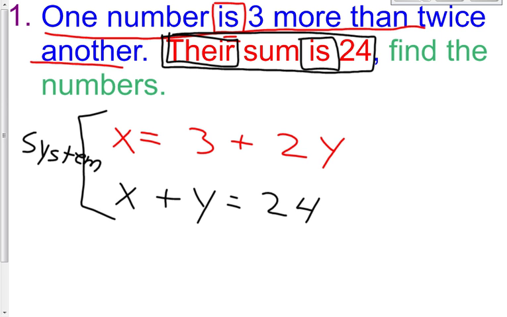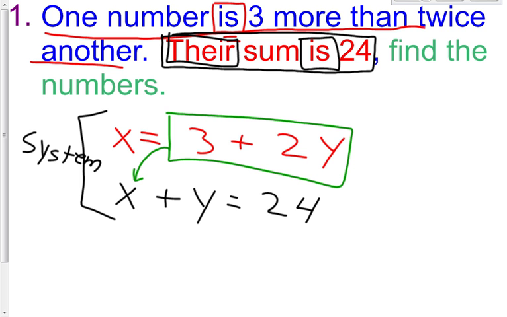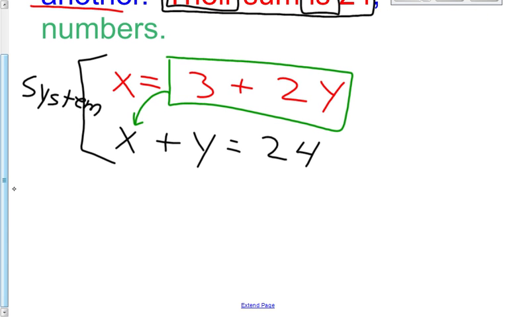In this case, I think substitution would be a good option because you already have x by itself in this one. So you can just substitute 3 plus 2y into an x that you see in the other one. So now instead of x plus y, you have 3 plus 2y in for that x, plus y, that equals 24.